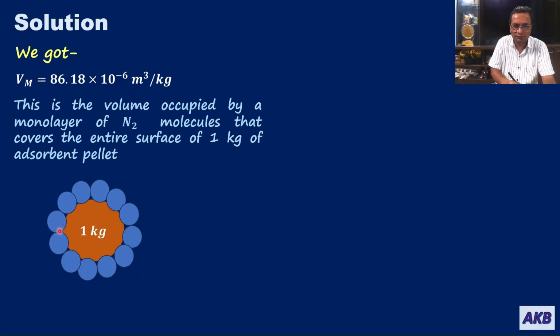The monolayer of the adsorbed molecules has occupied the entire surface of 1 kg of adsorbent. The meaning of Vm being 86.18 into 10 to the power minus 6 is that these molecules have a volume of 86.18 into 10 to the power minus 6 meter cube on 1 kg of adsorbent.